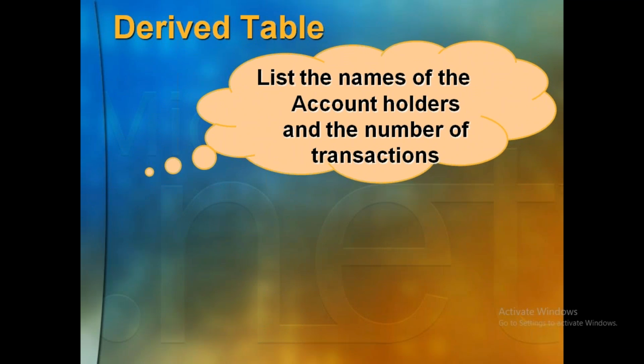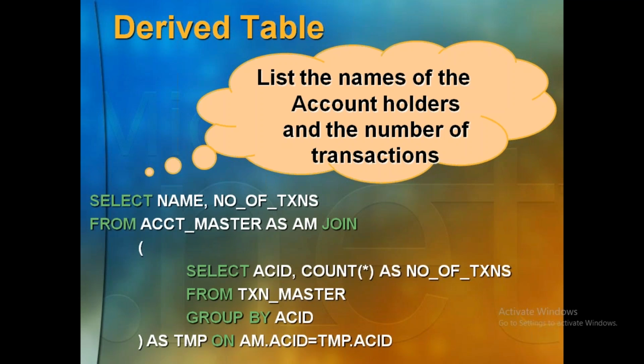So what a derived table means, we know. List the names of the account holders and the number of transactions they have done. This also uses the derived table concept. Because I wanted to pick up the name, but I don't want to keep the name in the group by clause. So I'm getting the data, and whatever data I'm getting, I'm going to join.